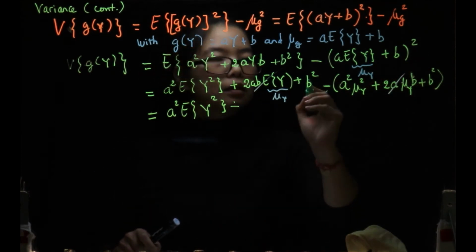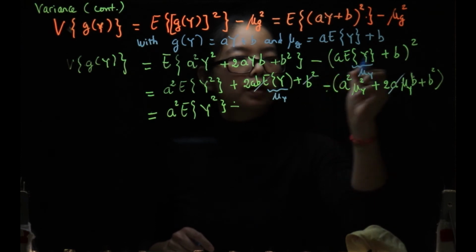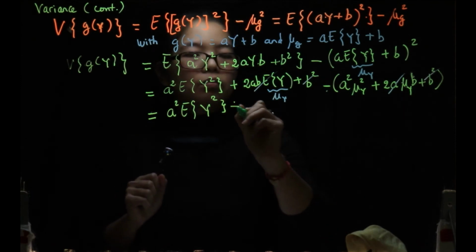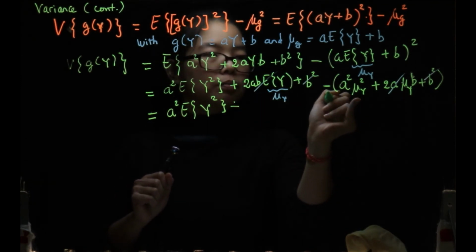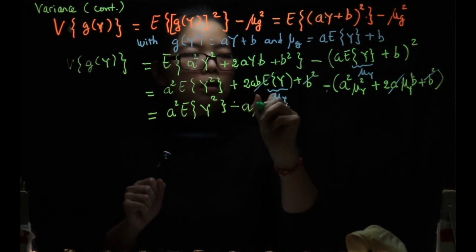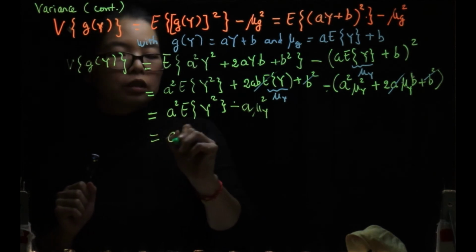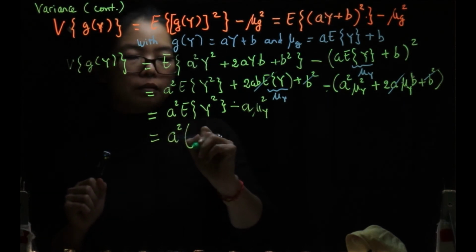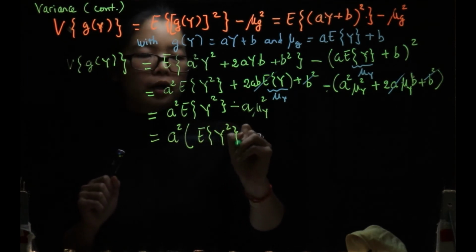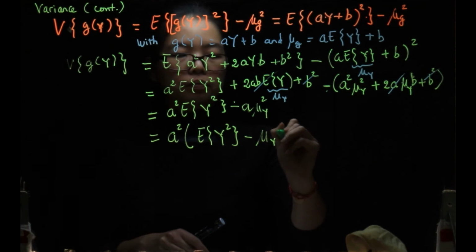The next thing is b square over here. Inside the bracket exactly, you also have b square. Cancel out. So the thing outside of the bracket is already simplified, but in the bracket you still have this one. So you have to minus a square times mu y squared. And we could factor out the a square. Then inside the bracket you will have E of y squared, the expected value of the squared y, minus mu y squared.